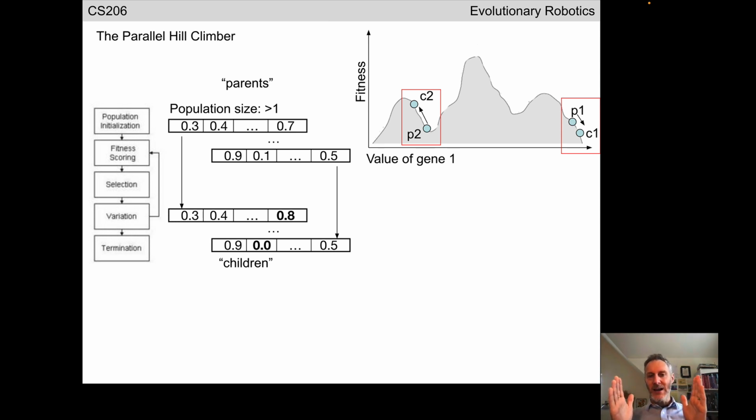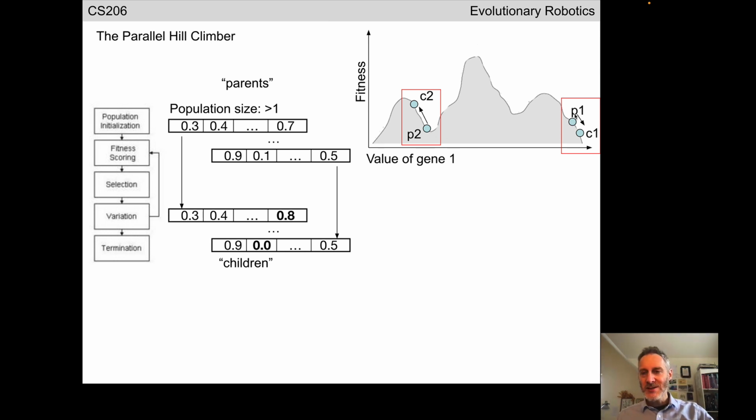And then in parallel, each parent produces one child. And like in the serial hill climber that we just saw, if the child's fitness is better than the parent, we delete the parent and the child becomes the new parent. If the child's fitness is worse than the parent, the child is deleted and the parent produces a new child.